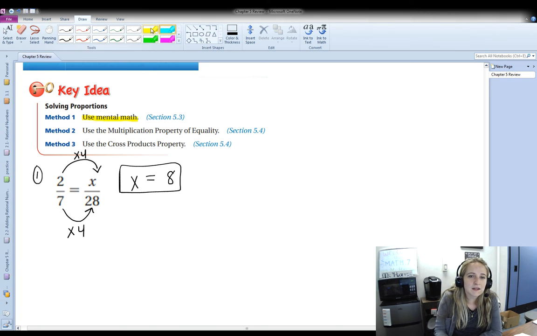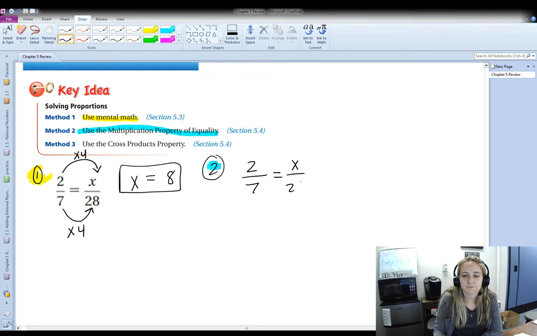The second method would be use the multiplication property of equality. So for that one, let's write the proportion. And what you would do, remember, it's just your algebra. So you would multiply by 28 over 1 on both sides, okay?